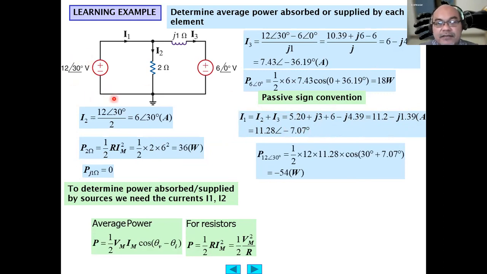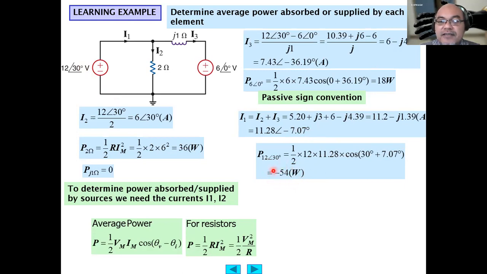So the power at this voltage source equals half times the maximum voltage, which is 12, times the maximum current, 11.28, times cosine of the phase angle difference between the voltage and the current, 30 plus 7.07, and the result is minus 54 watt.